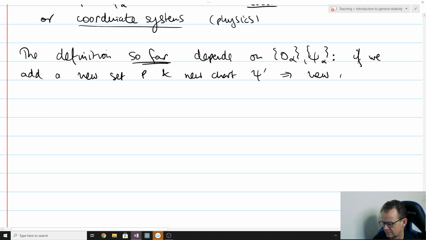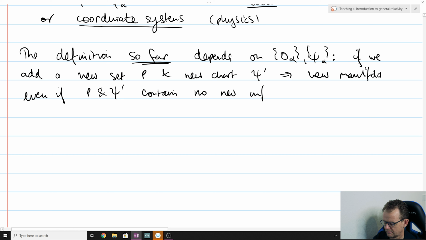We have a new manifold, or maybe we do. Maybe we add a bit more on, but it's a new manifold even if P and psi contain no new information. So that's a bit strange, right?